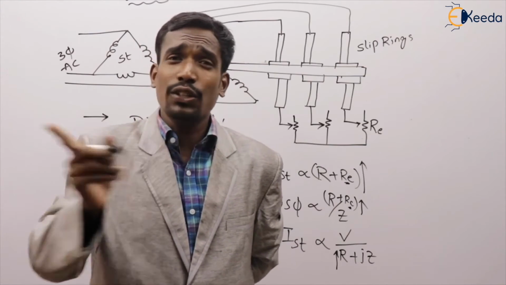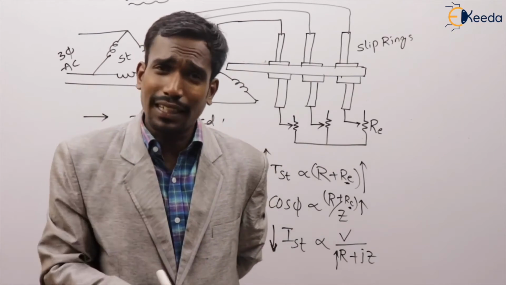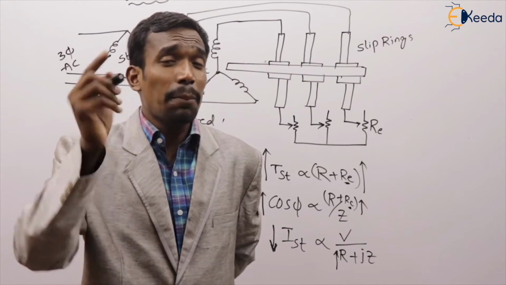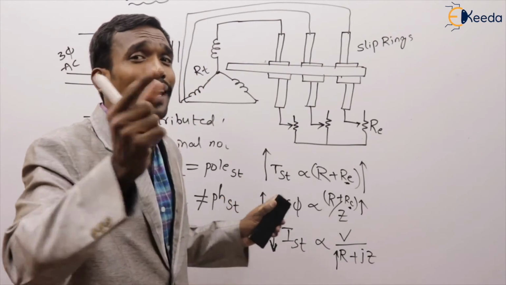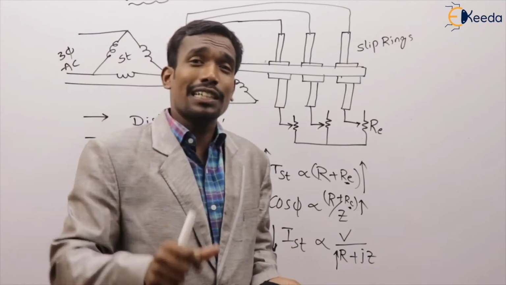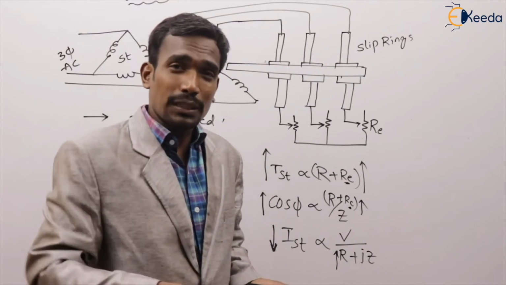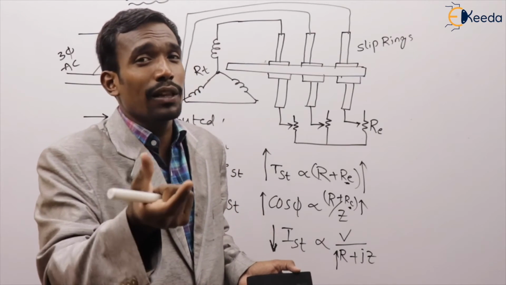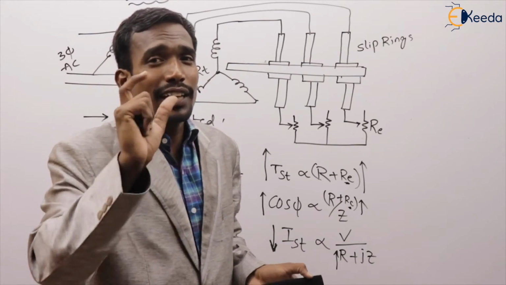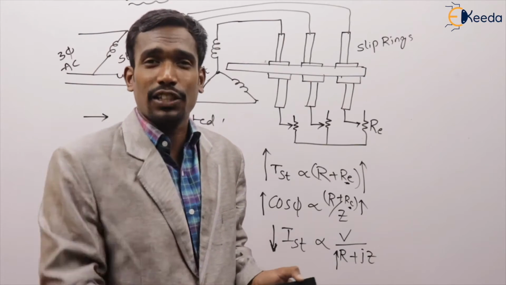That's why we are not preferring that method. I said that already. But in application, I am telling you high starting torque and variable speed, where we can control the speed. In those cases where the speed is controllable, we are using the slip ring induction machine.